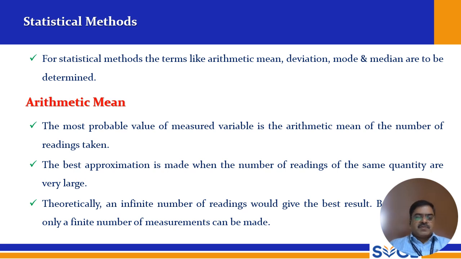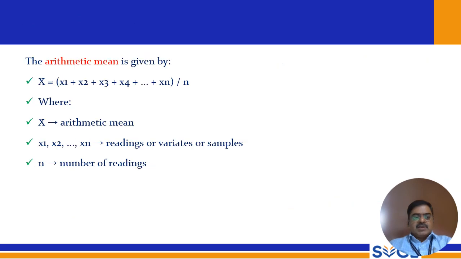You are taking a number of readings, and you are finding the mean value of all the readings that you have taken. That is the arithmetic mean, and it can be calculated as x1 plus x2 plus x3 up to xn, n number of readings, divided by n. So however many readings you have taken, that number should be the denominator.